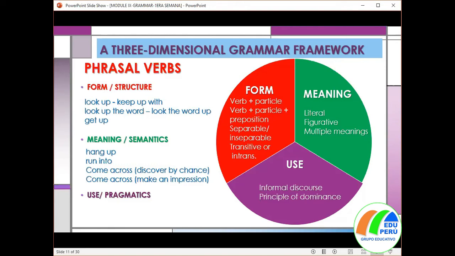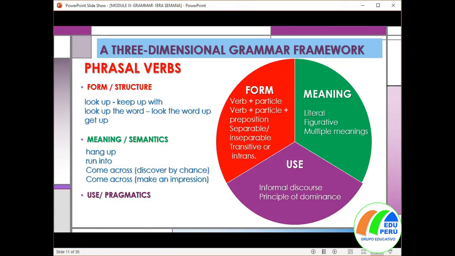To run, to move your legs? No. Run into, notice here, is to visit someone else without any plan. This is the meaning of run into. So you change the meaning. Notice, you are changing the meaning completely of this original verb.